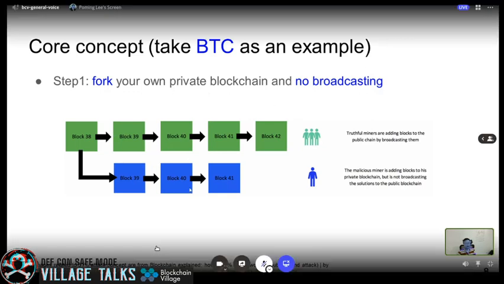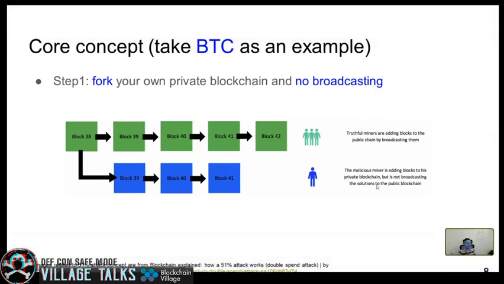You be the miner and have more than 51% hash power, right? So you fork your own private blockchain, and you do not broadcast. You don't broadcast, and you concatenate the blockchain longer and longer. This is the first step.